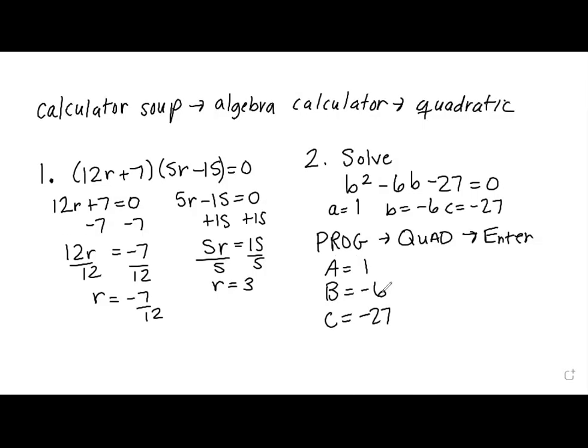Okay, so I'm going to go to program, quad. and I'm getting two things. My calculator says 9 and -3. Is that what you guys are getting? Okay, that's the answers.